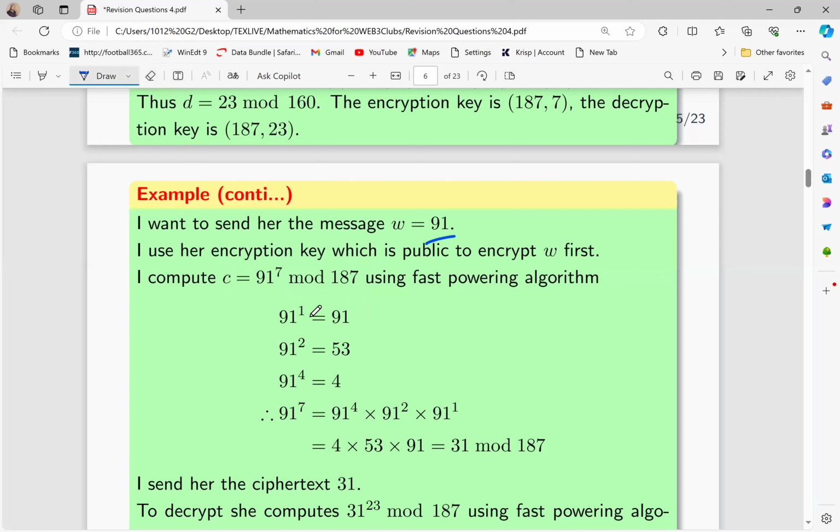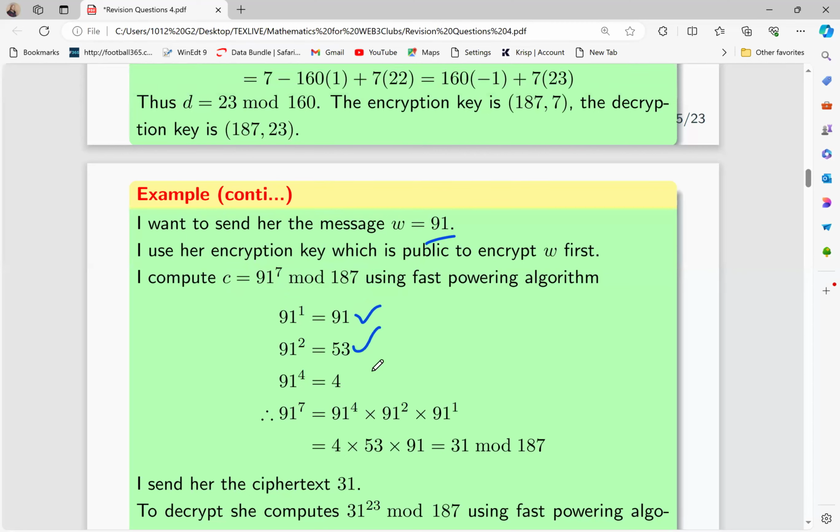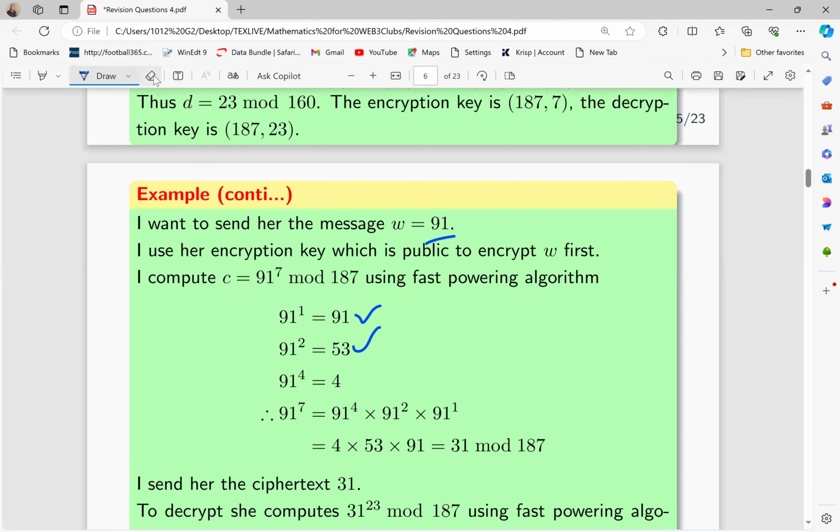With the fast powering algorithm, 91 raised to 1 will be 91. 91 raised to 2 will be 53. In this fast powering algorithm, we are just getting successive squares.